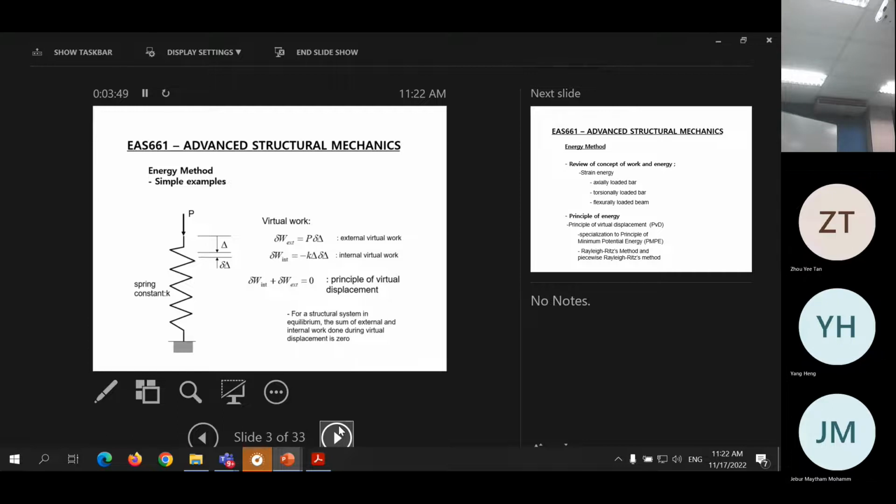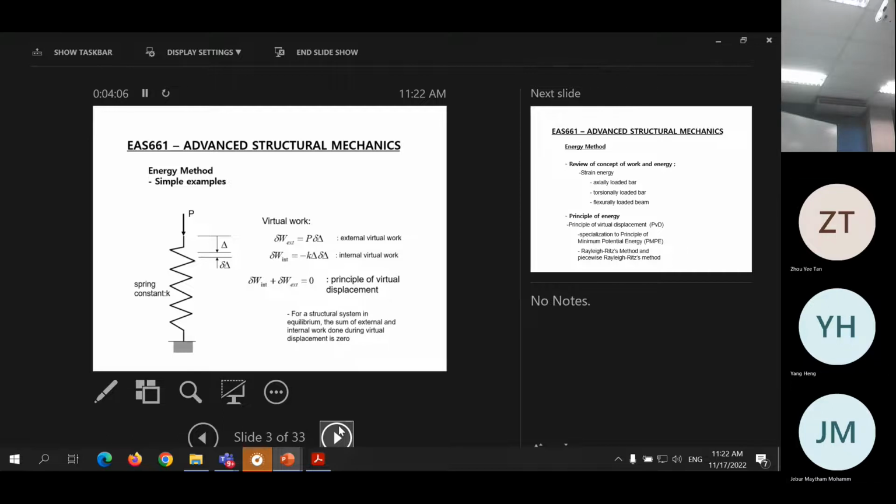At this equilibrium state, if you disturb it by a virtual displacement, we use this delta to represent virtual.